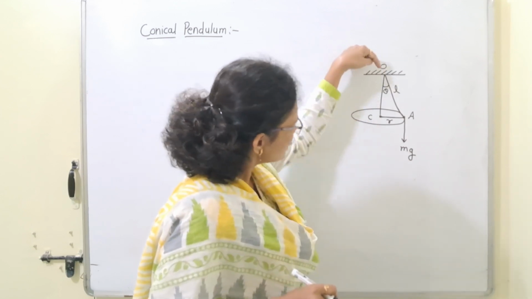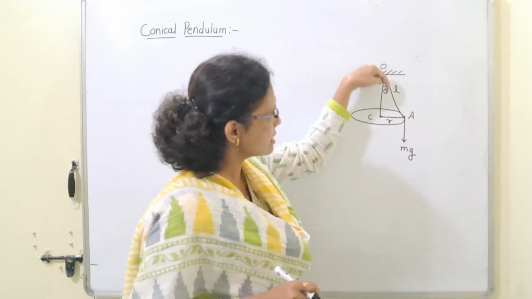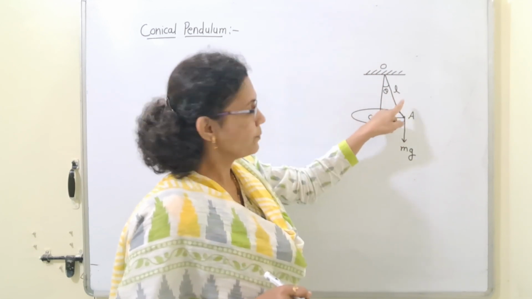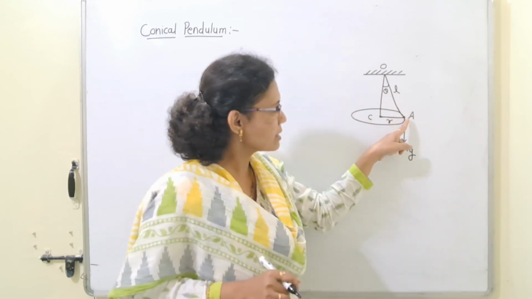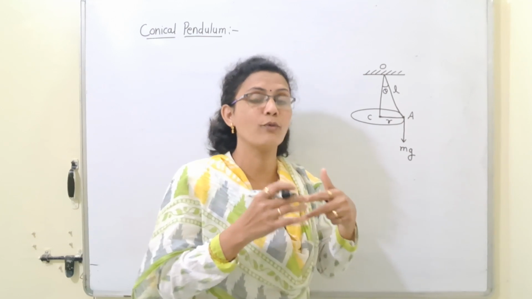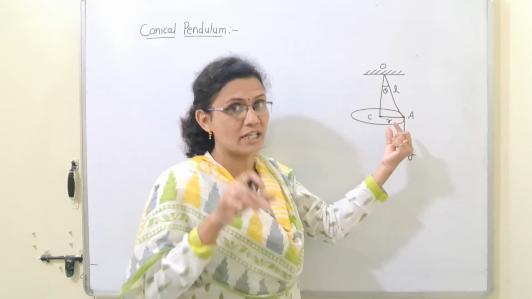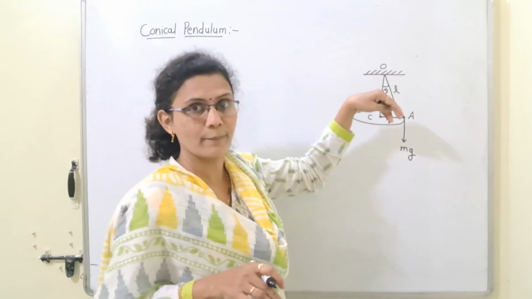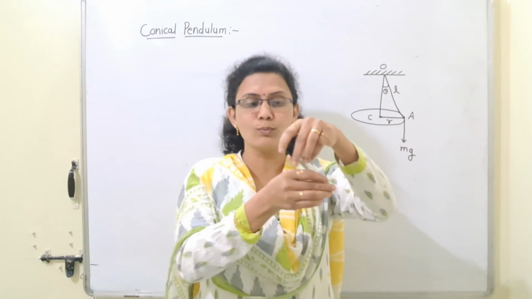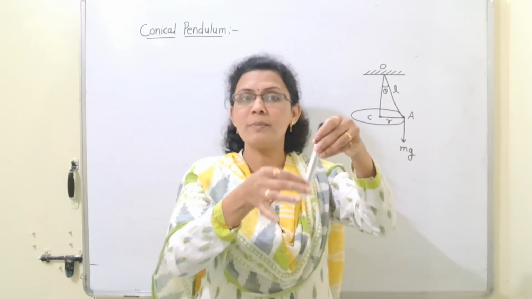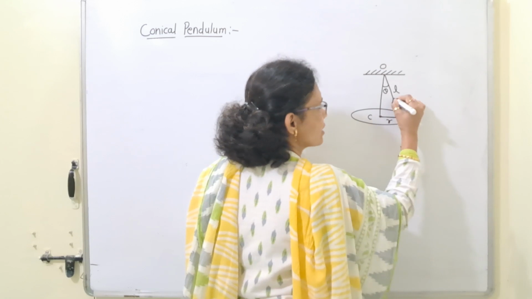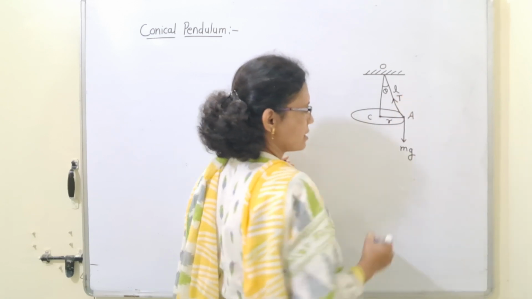Now, this string is inextensible, of length L, and on the point mass there is a tension force acting, the tension present in this string. If the bob is attached to this string and it is moving like this, there will be some tension in the string, and that tension acts in this direction, away from the mass.